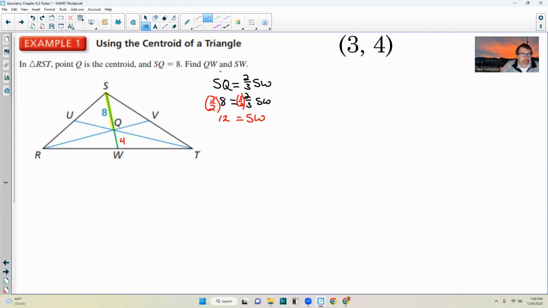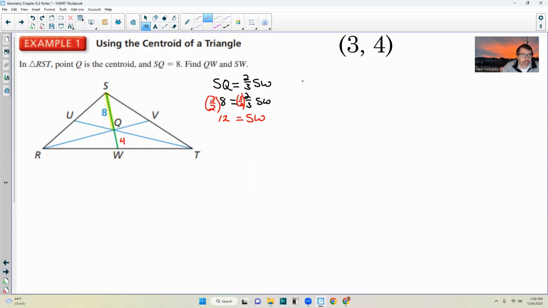Okay, it says find QW and SW. So QW is going to be the total SW minus the longer piece that they gave us.